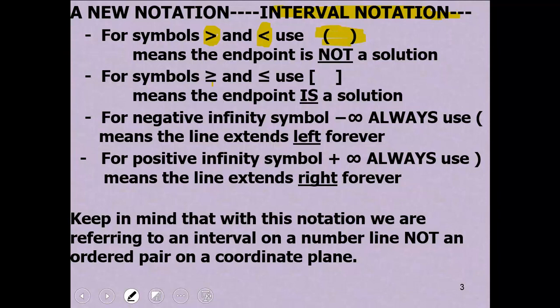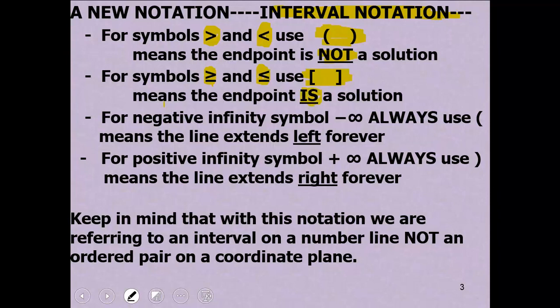This means that the endpoint is not part of the solution set. For symbols like greater than or equal to and less than or equal to, we're going to use brackets. They mean different things. This one means that the endpoint is part of the solution.